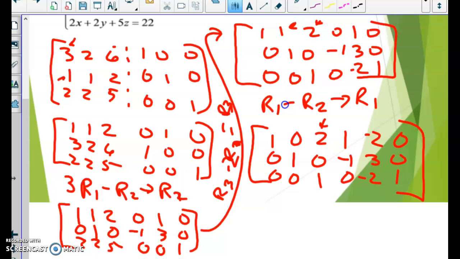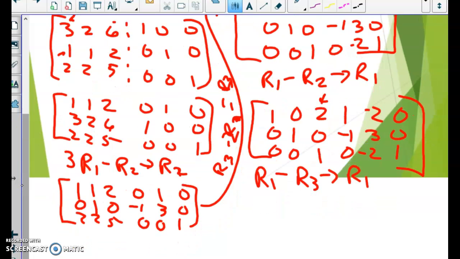I'm going to take row 1 minus row 3 and put it back in row 1. So 1 minus 0 is 1, 0 minus 0 is 0, 2 minus 2 times row 3 is 0, 1 minus 0 is 1, negative 2 minus 2 times negative 2 gives me 4, so I get a 2 there.